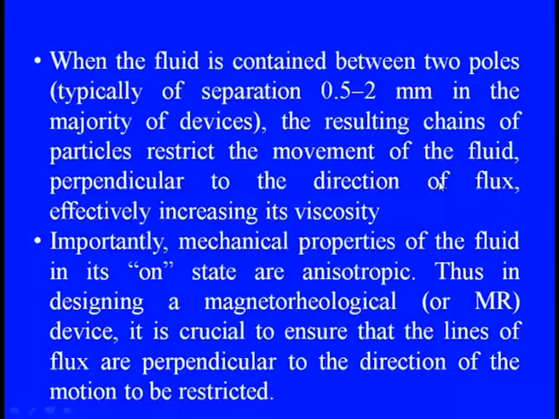When the fluid is contained between two poles separated by 0.5 to 2 millimeters, there is a chain of particles which restricts the movement of the fluid. They are aligned perpendicular to the direction of flux, and that is why there is an effective increase in the viscosity.